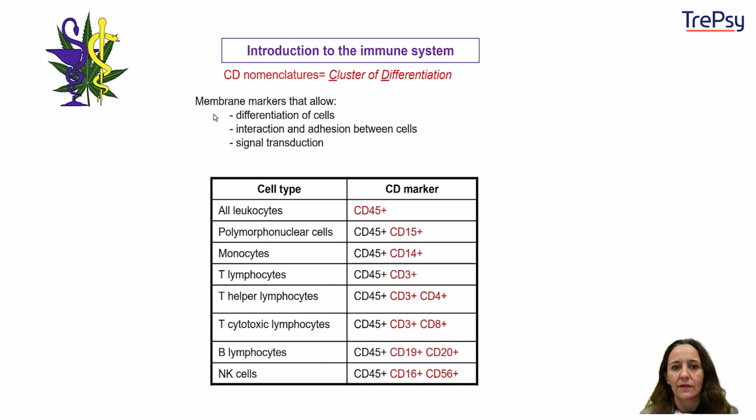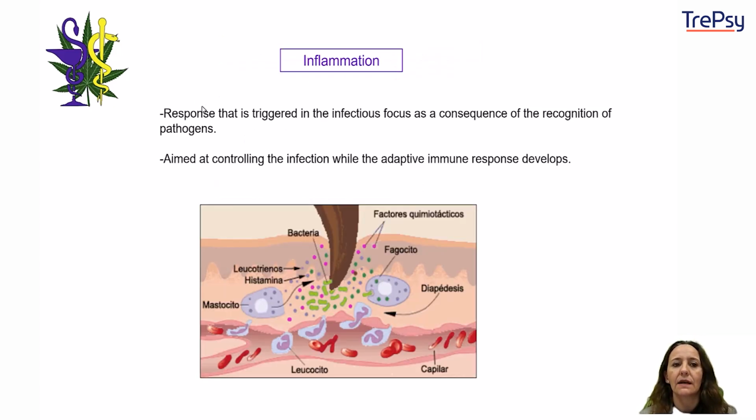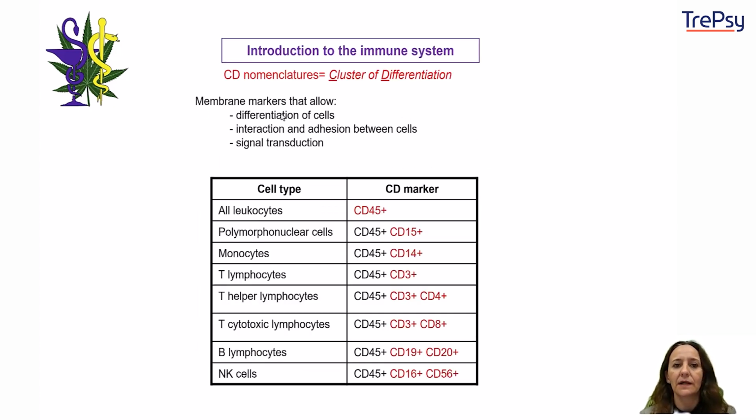So CD markers are membrane markers that allow differentiation of cells. We can distinguish among different cells. These are molecules that allow interaction and adhesion between cells, and also they are molecules that can transduce signals into the cell.